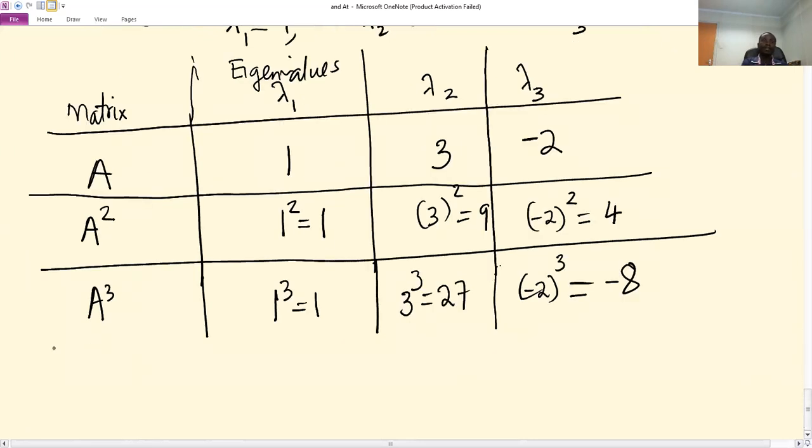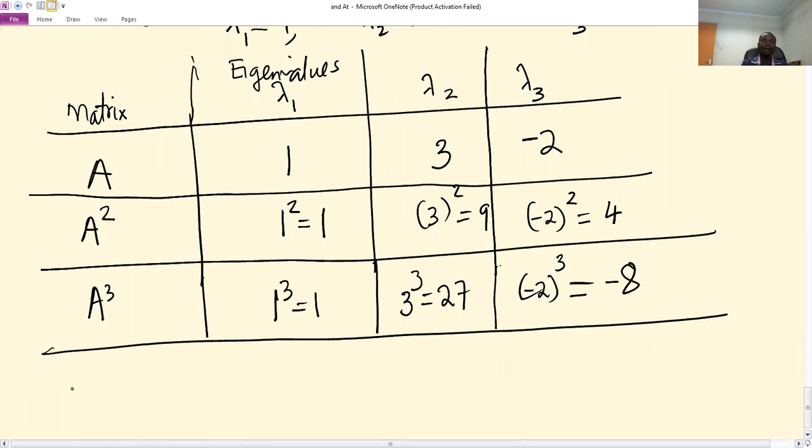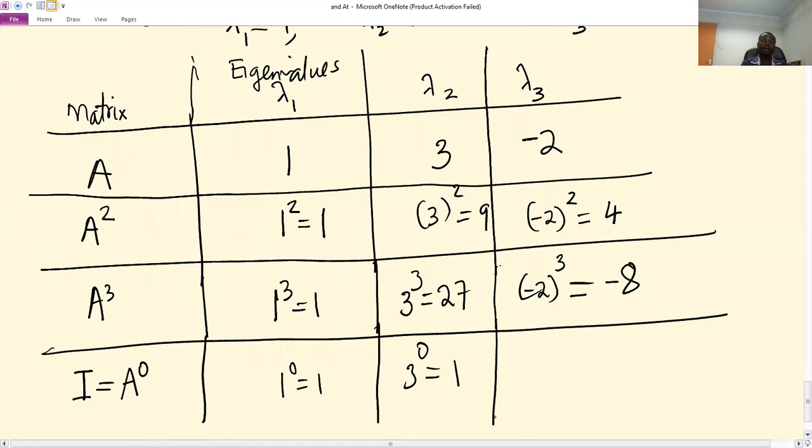And identity is the same as A power 0, so 1 power 0 gives 1, 3 power 0 gives 1, and minus 2 power 0 also gives 1.